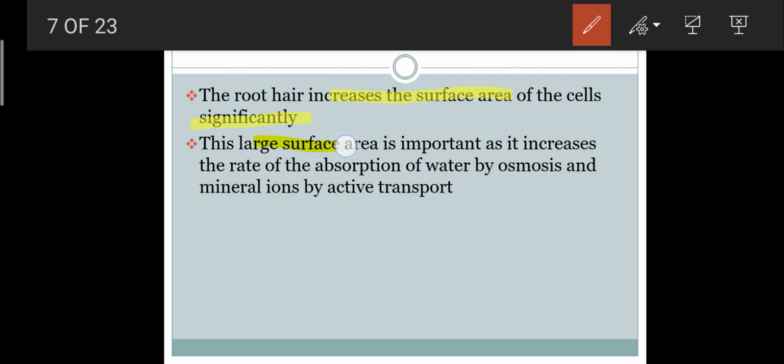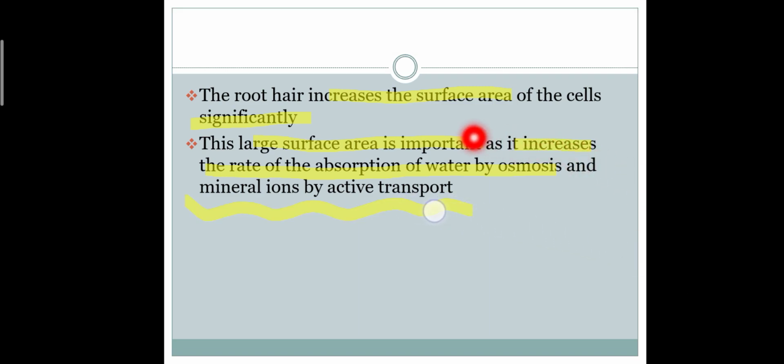This large surface area is important because it increases the rate of absorption of water by osmosis and mineral ions by active transport.